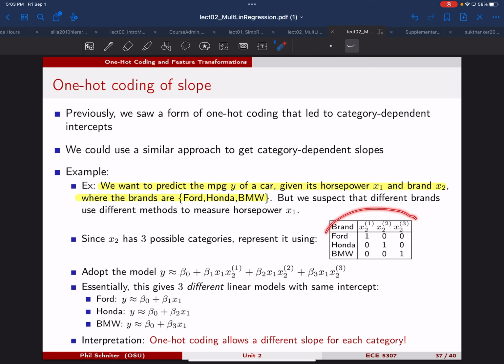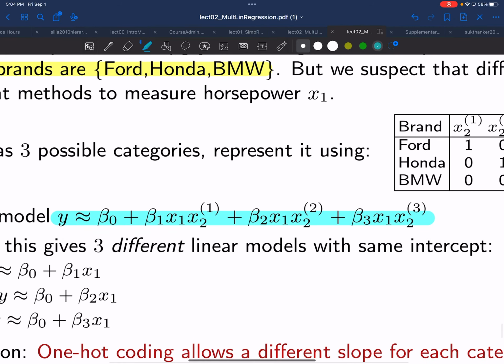We use exactly the same coding scheme where we expand x2 into these binary vectors, but then we use it in a slightly different way. Notice these terms.